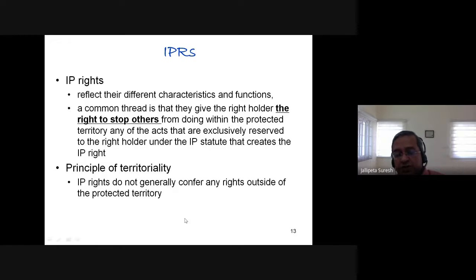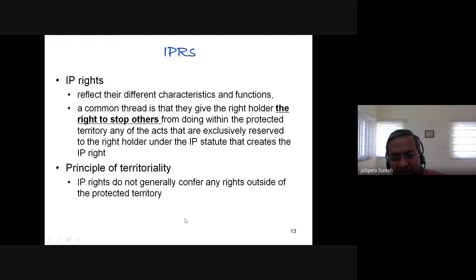When we touch upon the topic of patents next Saturday, we will go much deeper to discuss this aspect of negative rights. That is how these rights prevent others from using the patented right.